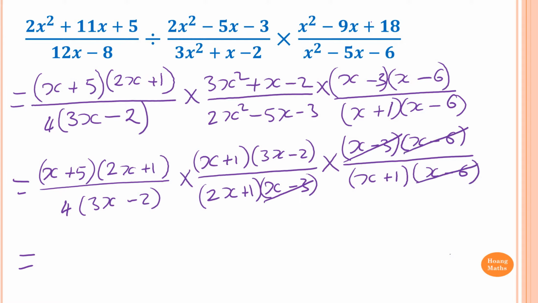Do I have anything else? Yes, I do have 2x plus 1, 2x plus 1, and I can see x plus 1 here, x plus 1 here, as well as 3x minus 2, 3x minus 2. So what's left is x plus 5 all over 4.